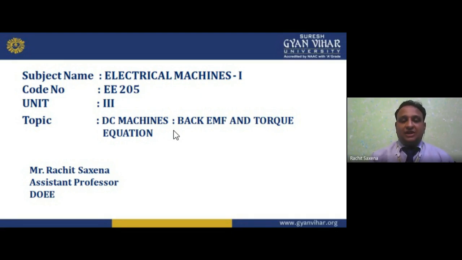In the second unit, we studied how electromagnetic force takes place, that is the Lorentz force, and after that how we get torque from it. These are the two things we studied in Unit number 2.